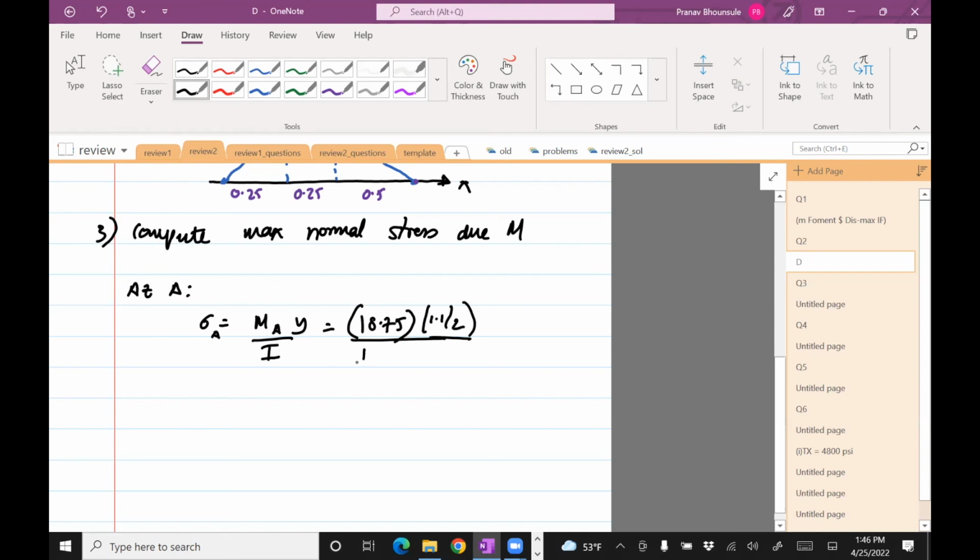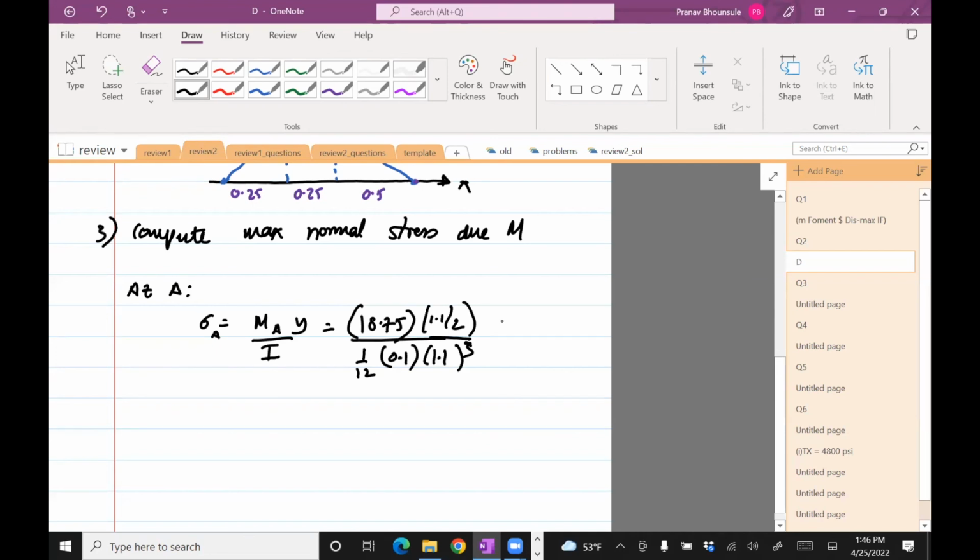And then 1/12, the thickness is given, so it's 0.1 times D cube, 1.1 cubed.